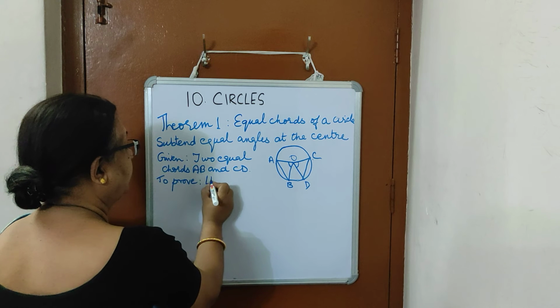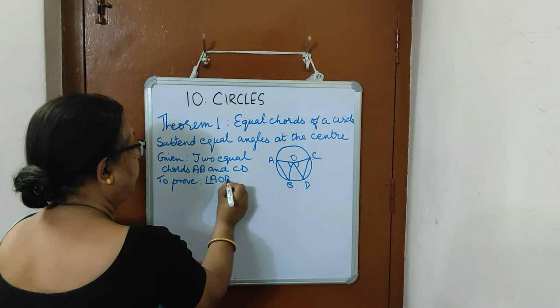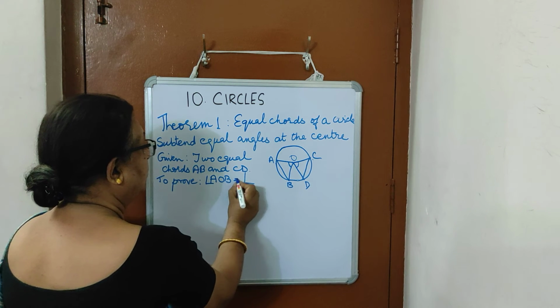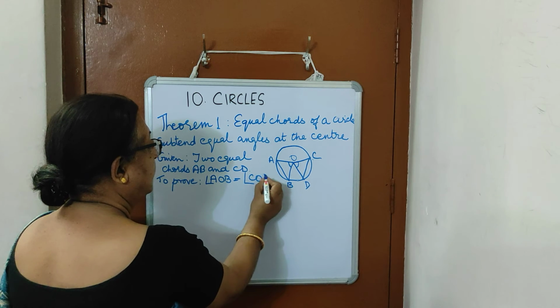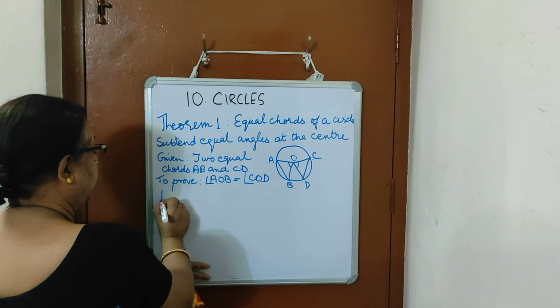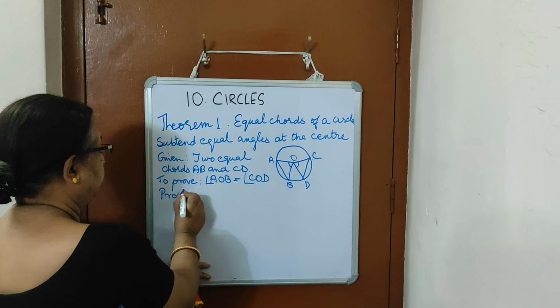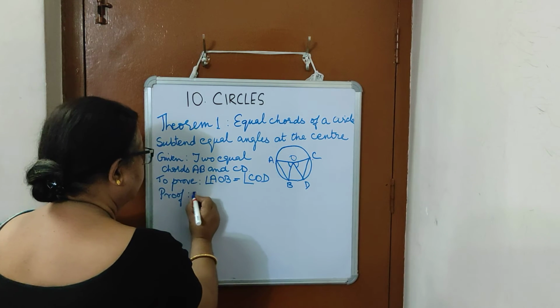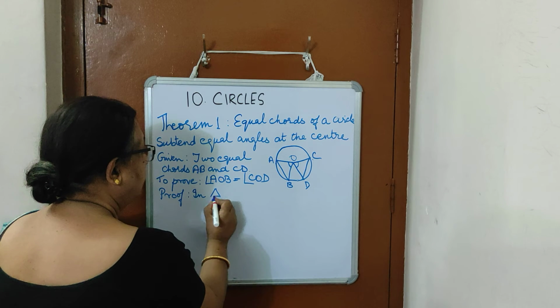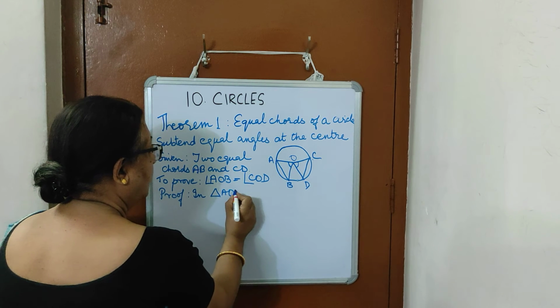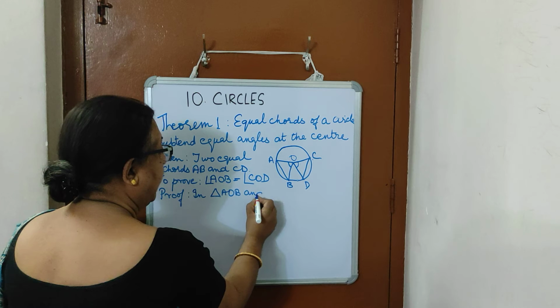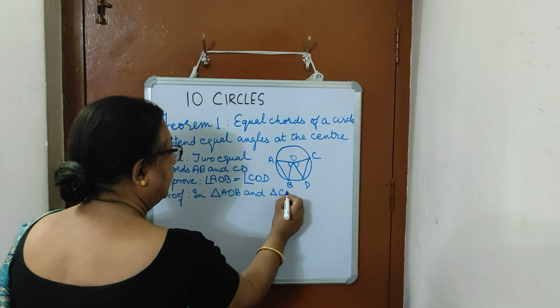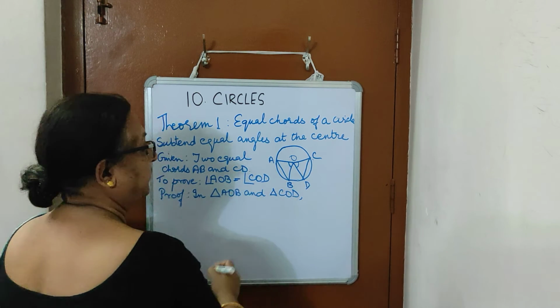So we need to prove angle AOB is equal to angle COD. Proof. We consider these two triangles: triangle AOB and triangle COD.